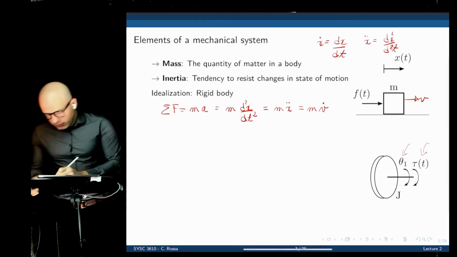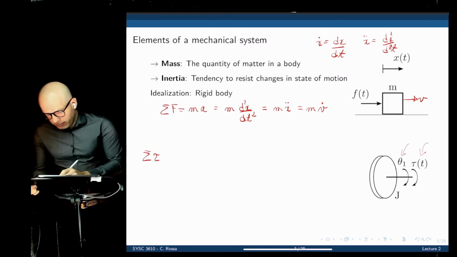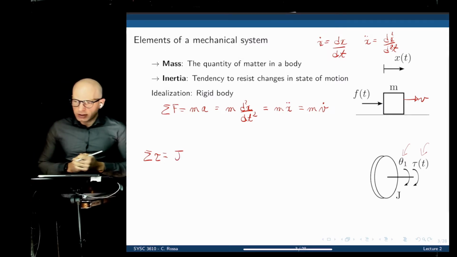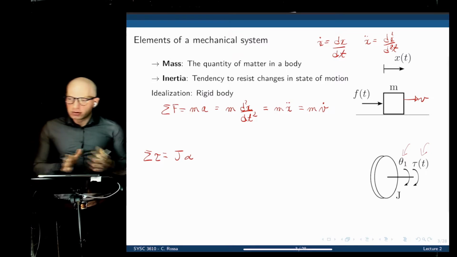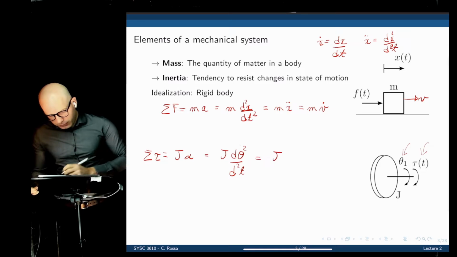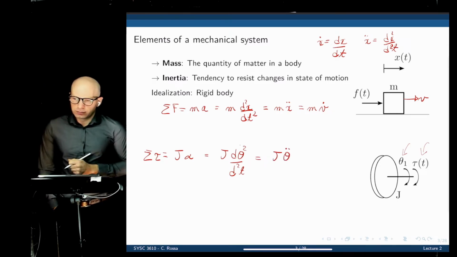So instead of having the sum of forces, we now have the sum of all torques acting on this mass is equal to its moment of inertia, J, times its angular acceleration, alpha, or d theta dt, or theta double dot, J theta double dot.